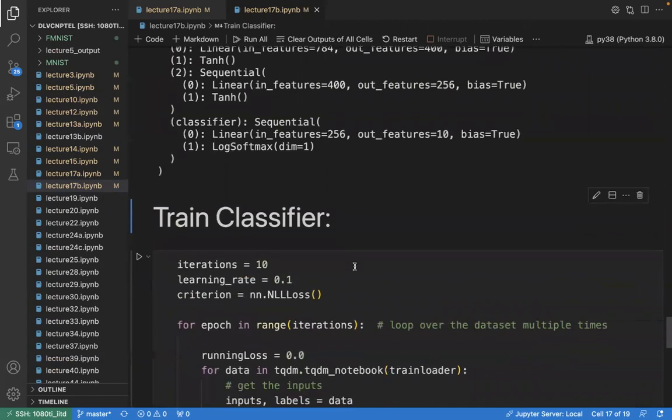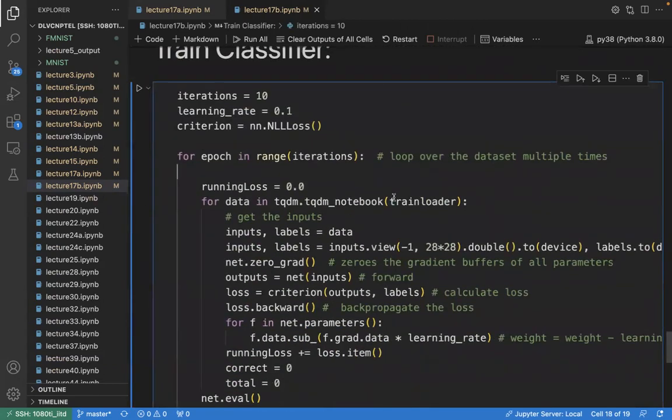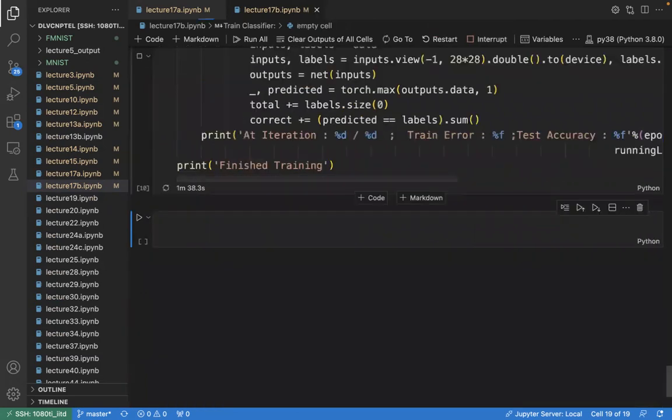Then we modified it for classification, and here also I need to remove this one, the train data loader, and now we'll train for the classification.